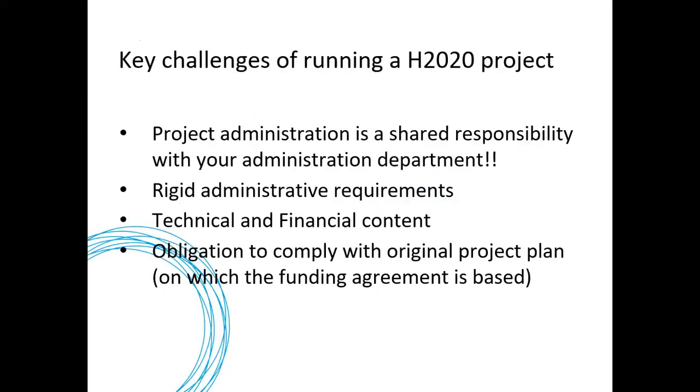The project is not just the responsibility of the researchers involved in carrying out the research. So the whole entity has to be involved. After all, it is your entity, the legal entity, that is being represented in this project.